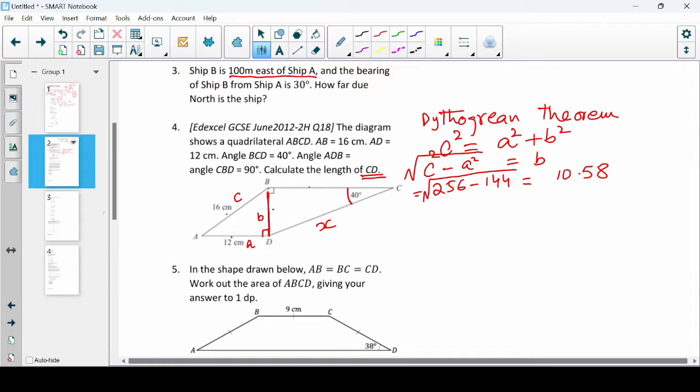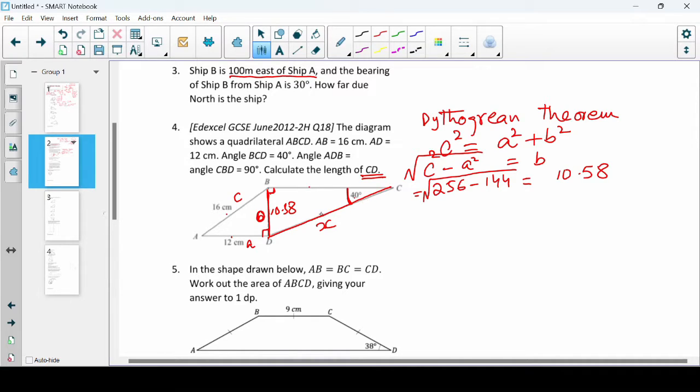So now we know this side is 10.58. One side we already know, and one angle we already know. With respect to this angle 40, this 10.58, this B side, is opposite. We see this is a right angle triangle here. So the longer side is this x.